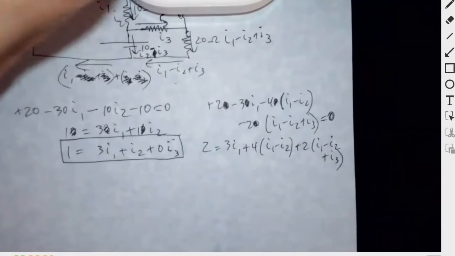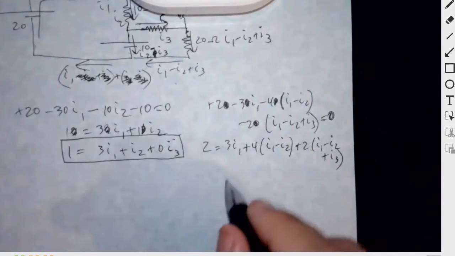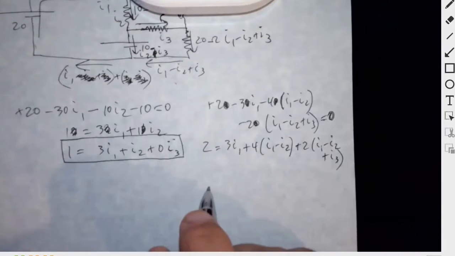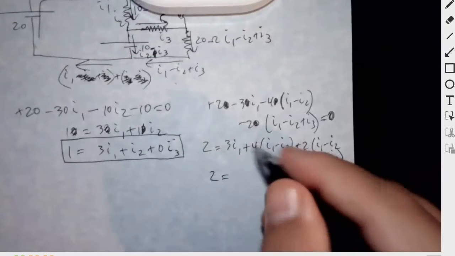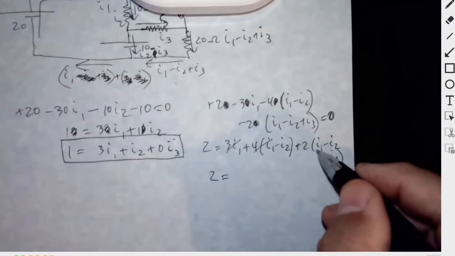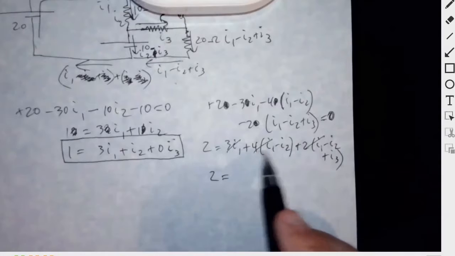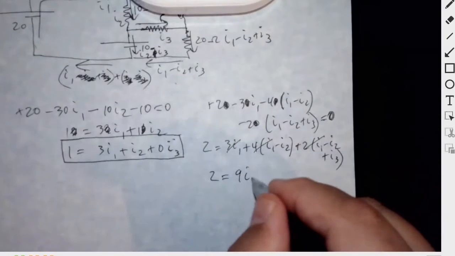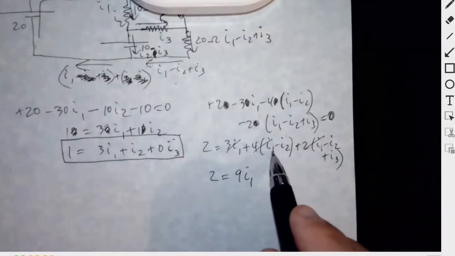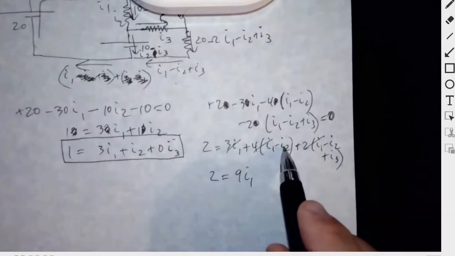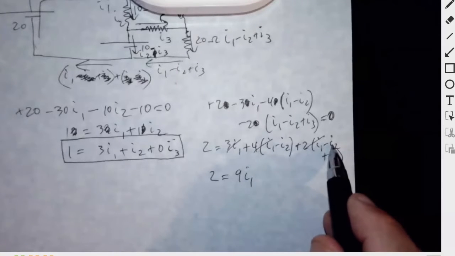All right, and then you're going to have here 2. So 3 I1, 4 I1, and another 2 I1. So that's 3, 4, 7, 9 I1, and then negative 4 I2, negative 2 I2.